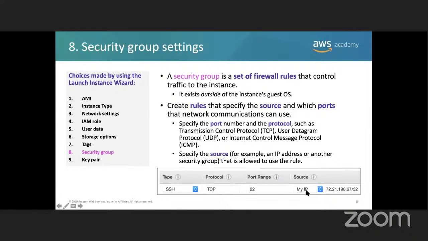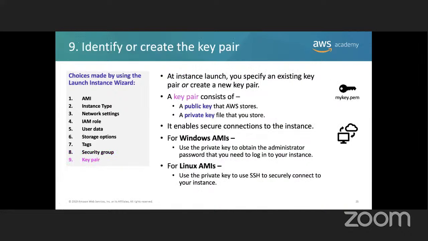Okay, this is what I did. I used my IP address to SSH into my instance. Well, the key pair is what I used to SSH into the instance, right?